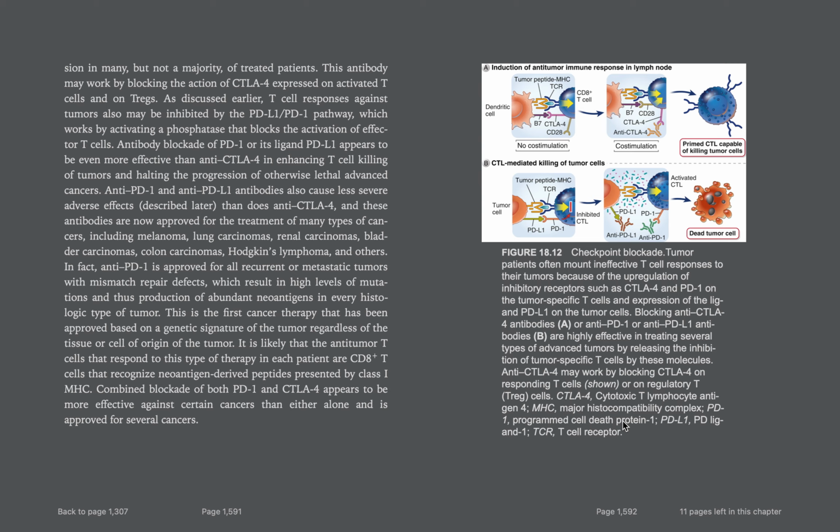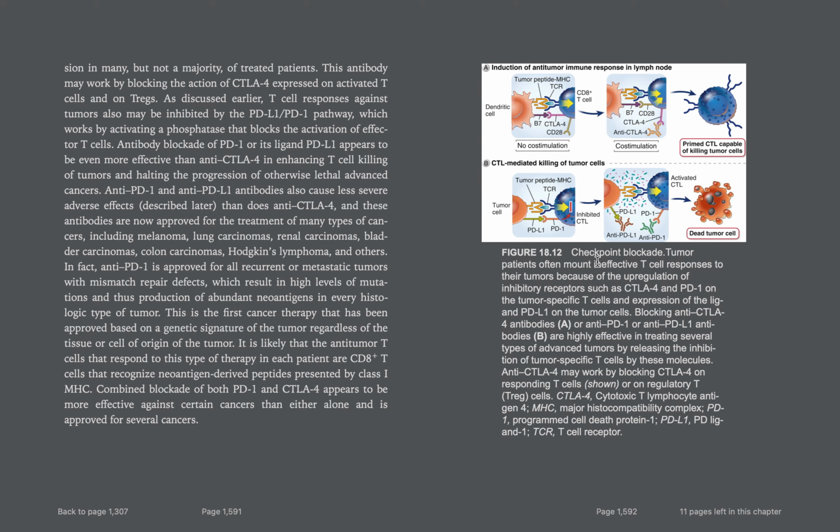It is likely that the anti-tumor T cells that respond to this type of therapy in each patient are CD8 T cells that recognize a neoantigen-derived peptide presented by class I MHC molecules. Combined blockade of both PD-1 and CTLA4 appears to be more effective against certain cancers than either alone and is approved for several cancers. So we see the diagram here.